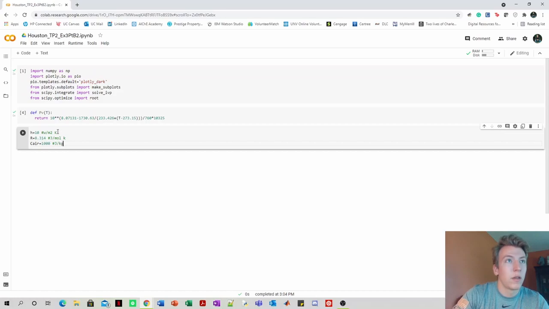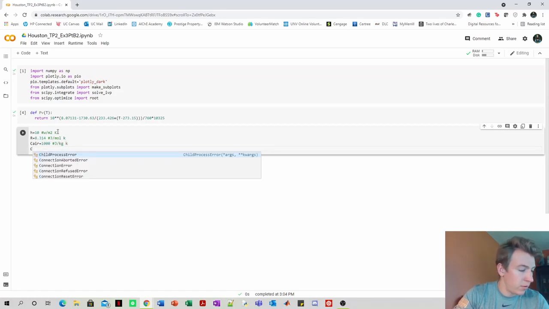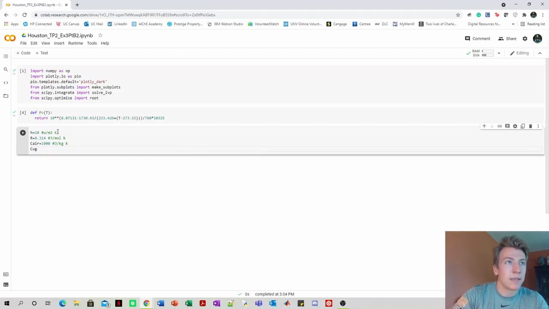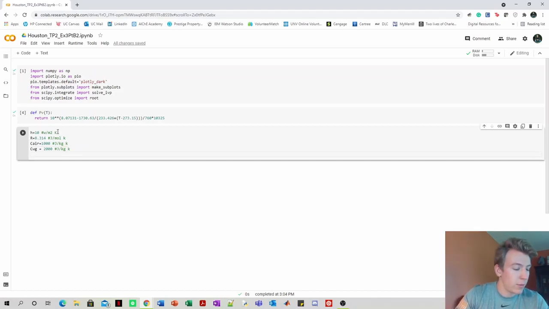Joules per kilogram K. Then we can do heat capacity of water, G with gas, which is equal to 2,000 joules per kilogram K. Last, we want to do the heat capacity of the liquid, or maybe we do capital L, which is equal to 4190 joules per kilogram K.